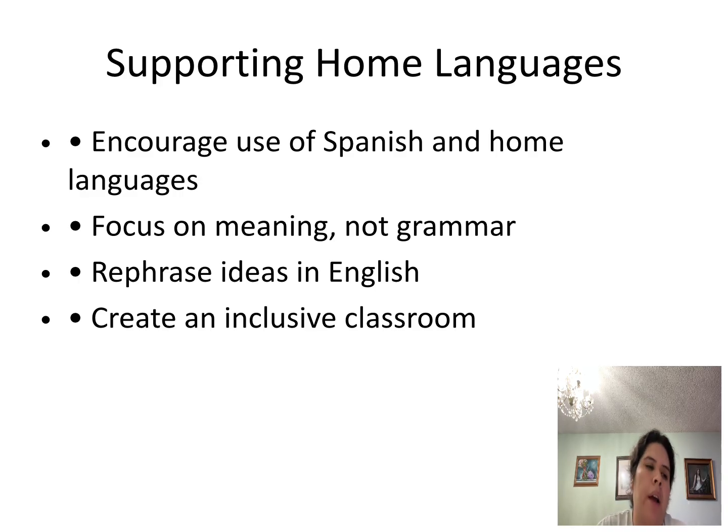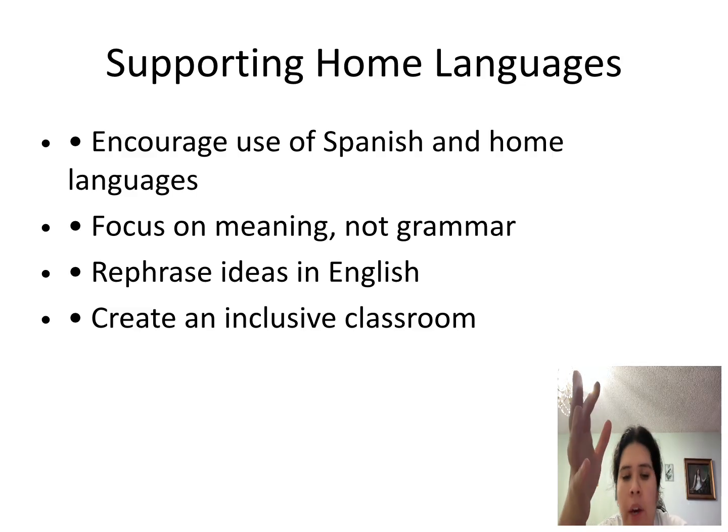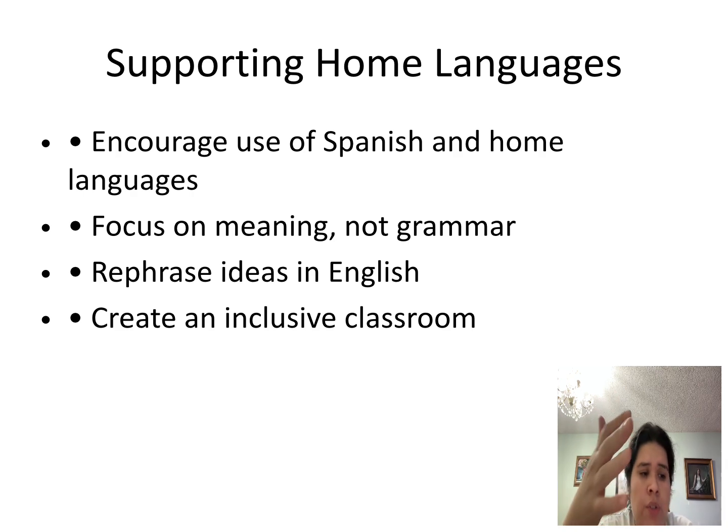Supporting home languages, I model vocabulary by saying in English we say water cycle, but then I translate the word, we say ciclo de agua. Students are encouraged here to share their ideas in Spanish or another language, and I connect the response back to English. So basically we're getting the Spanish word and then we're just putting the meaning.